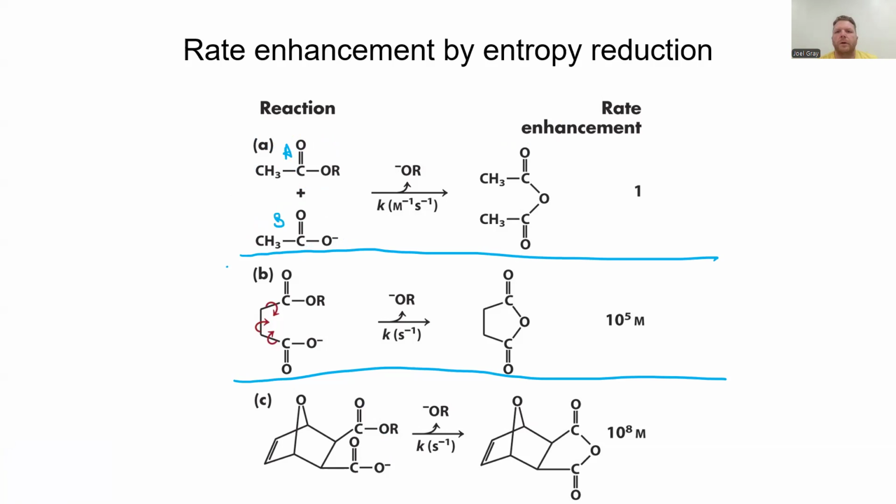Now, if we look down at reaction B, what we have is this molecule where we've got some similarities. We've got these two carbonyl carbons, just like here and here. But these two carbonyl carbons have bonds between them, so this portion of our ring is already in place.